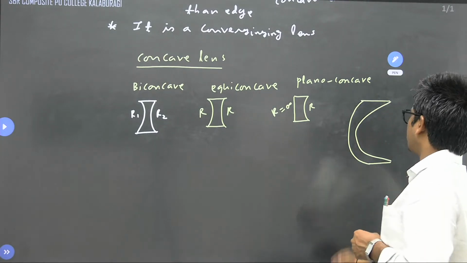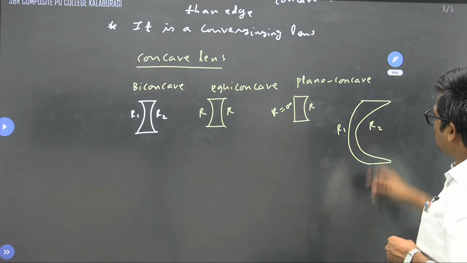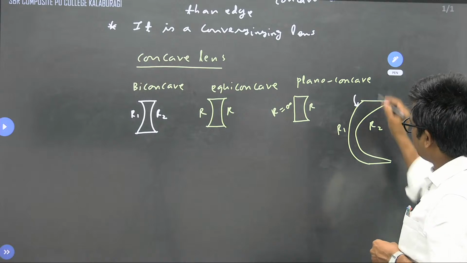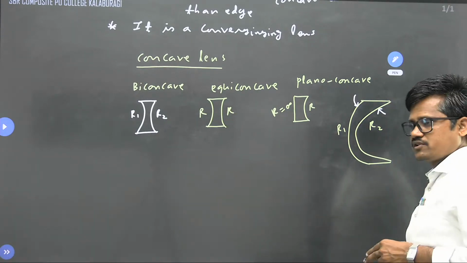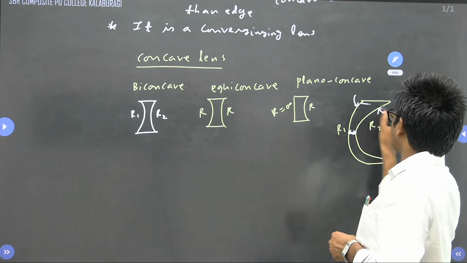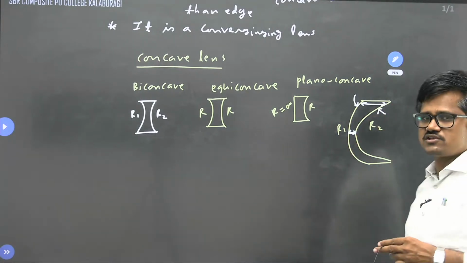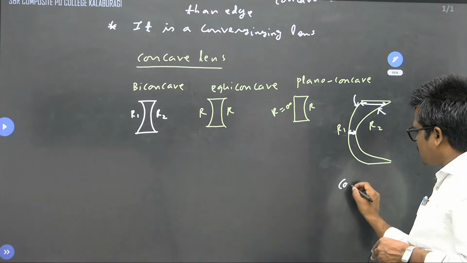Like this, let us say this radius of curvature is R1 and this is R2. Here one surface is convex and the other is a concave surface. It has both, but the middle part is thinner than the edge part, so it still has a diverging effect. It is called convexo-concave.